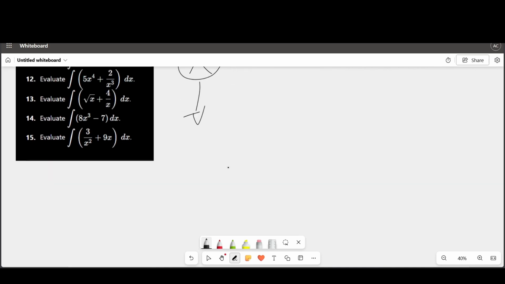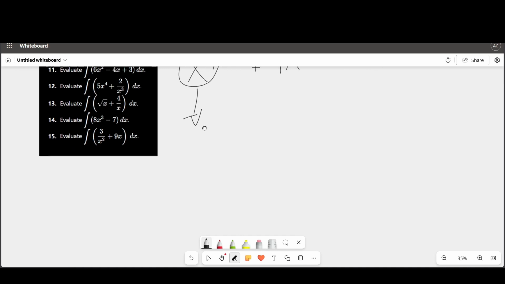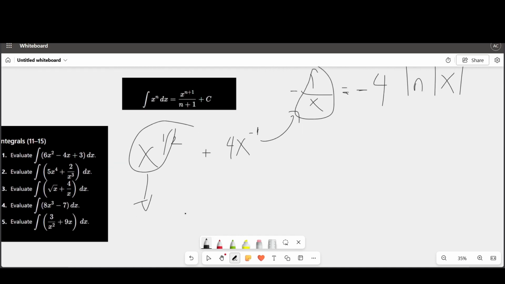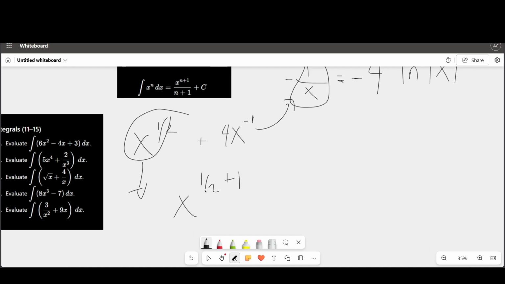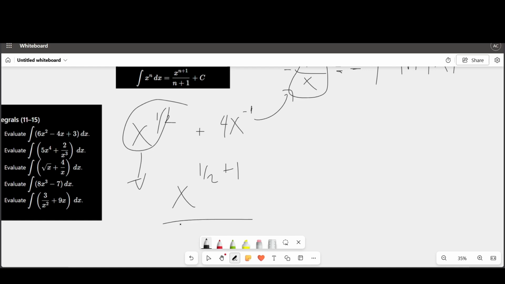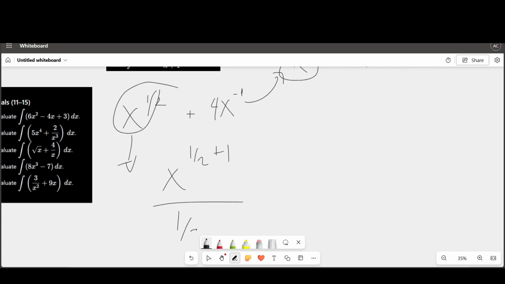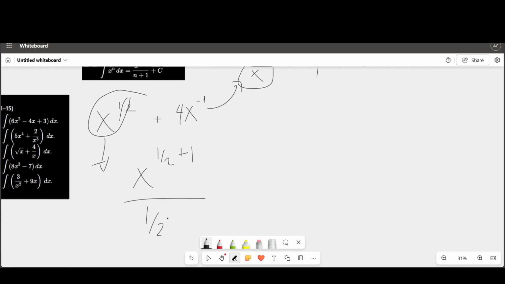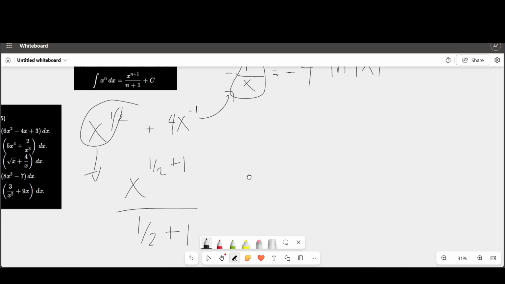Basically just half x, then 1 over half plus 1. That's 1 and 1/2, I believe.